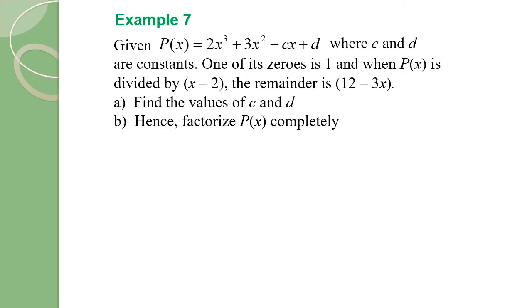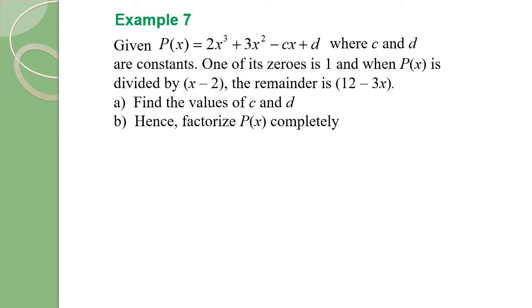Okay, example 7. Given a polynomial P(x) equal to 2x cubed plus 3x squared minus cx plus d, where c and d are constants, one of its zeros is 1. When P(x) is divided by x minus 2, the remainder is 12 minus 3x. Find the values of c and d.